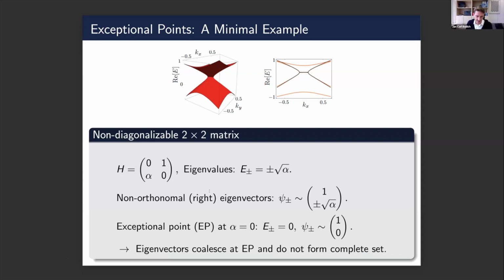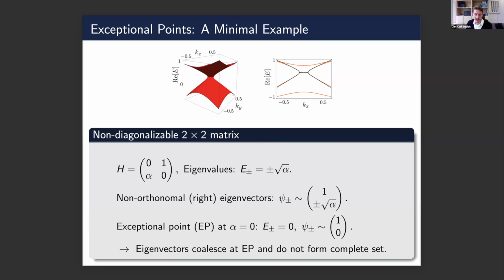Second important thing: if we now look at the eigenvectors, they are first of all not orthogonal, and I have in general to distinguish right and left eigenvectors, but you can see that if I solve this explicitly, then at alpha equals 0, at the degeneracy point in energy, I get collinear eigenvectors.